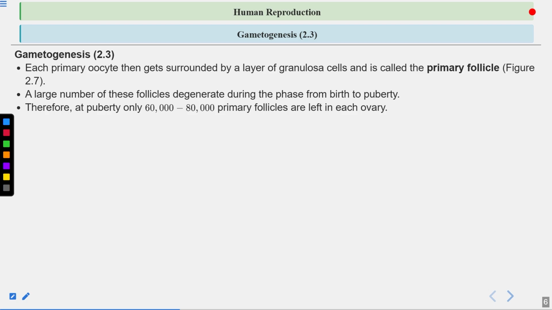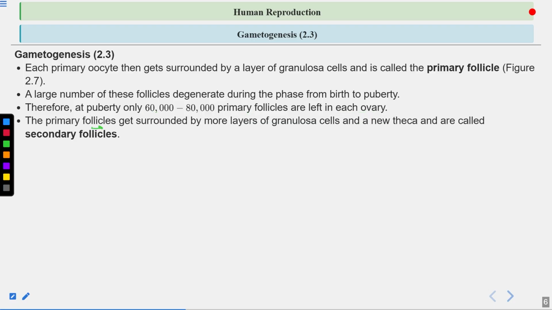Therefore, at puberty, only 60,000 to 80,000 primary follicles are left in each ovary. Clear? So how many primary follicles are left? 60,000 to 80,000 primary follicles are left in each ovary.